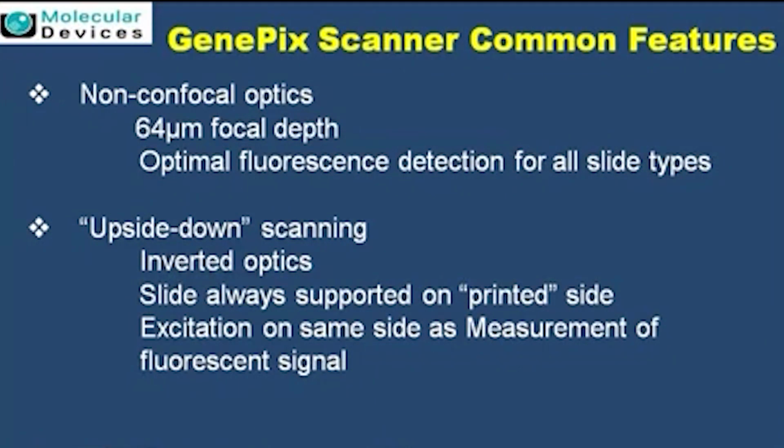The meaning of focal depth is where our laser can focus to acquire the data, and the depth is 64 microns, which allows a wide variety of applications. If you want to use slides having cover slips, the depth is a little bit lower, so you want to focus at a different range. So the non-confocal optics with a focal depth of 64 microns is our major feature.